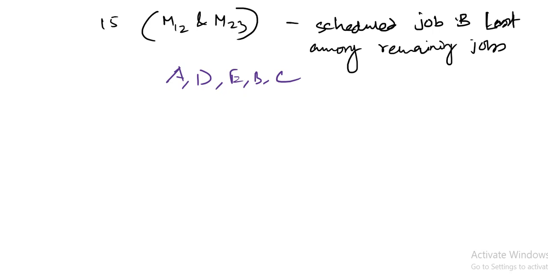Now, what is the net chart for calculating idle times with the optimal sequence A, D, E, B, C?